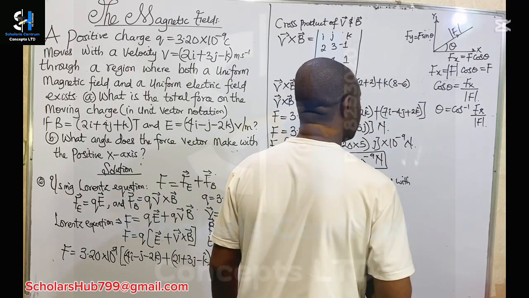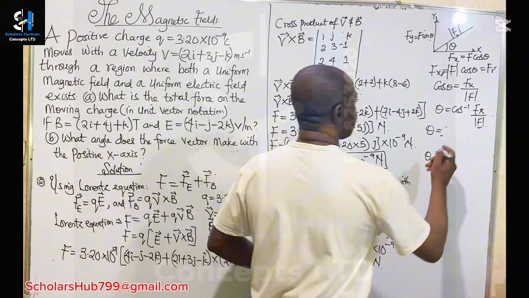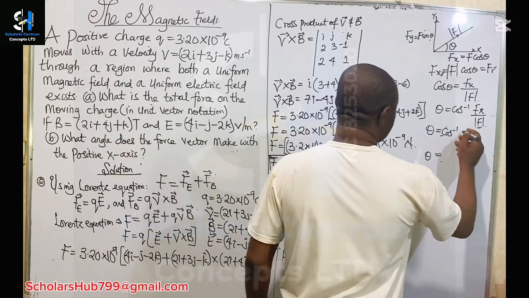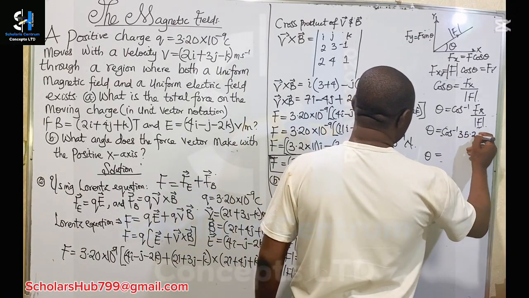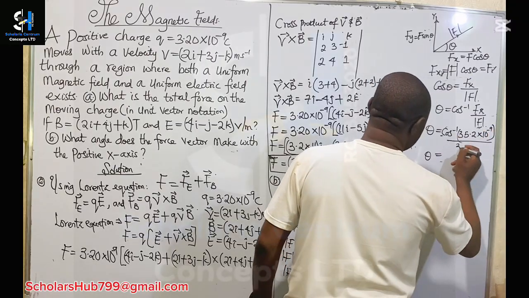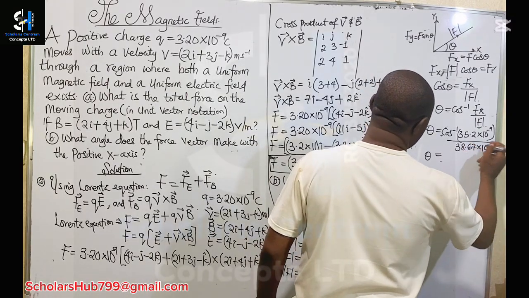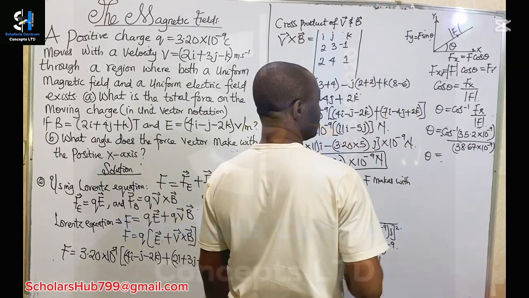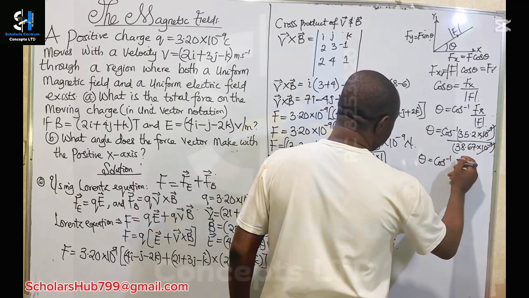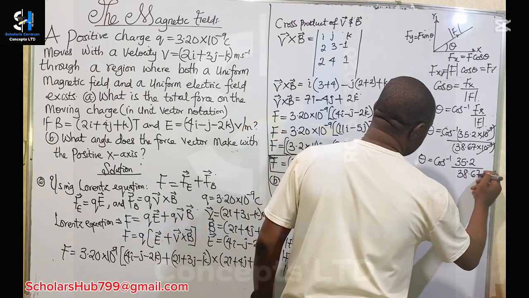So now let's plug in the values. Theta is equal to the inverse cos of 35.2 multiplied by 10 raised to the power of negative 9, divided by 38.67 multiplied by 10 raised to the power of negative 9. When we divide, we are left with theta equal to inverse cos of 35.2 over 38.67.